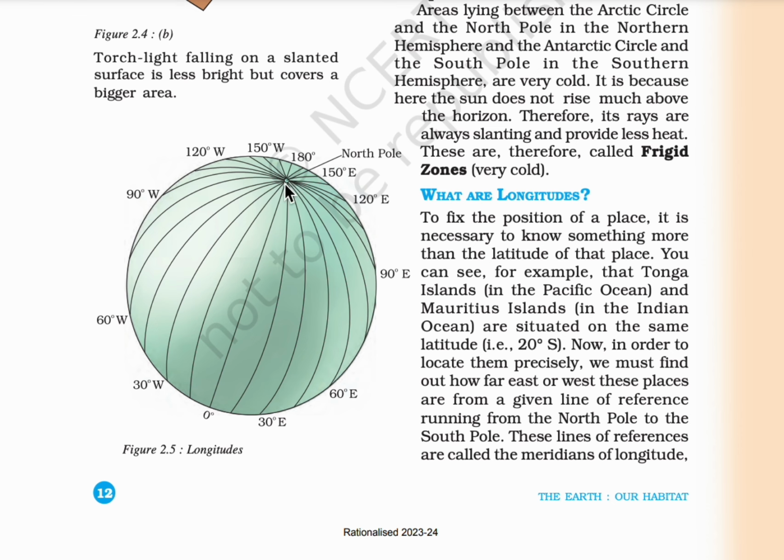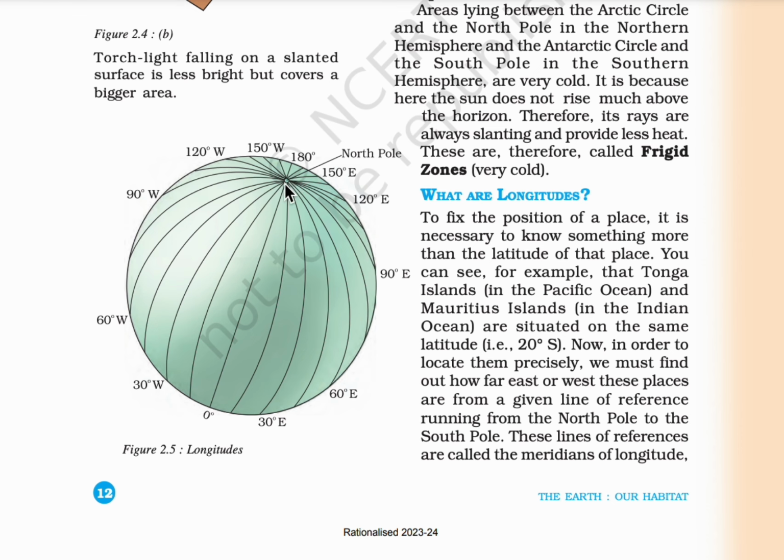Generally the meridian is the 0 degree longitude, but we don't know where exactly the earth's center point is. So where there is Greenwich, the British Royal Observatory, they decided that the longitude which passes through that observatory will be the 0 degree longitude. That's why it is fixed.